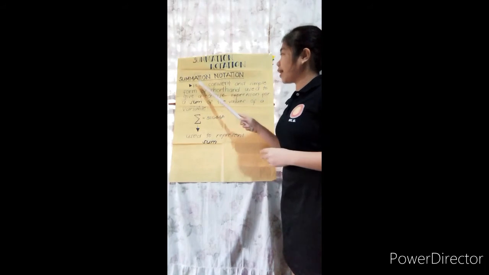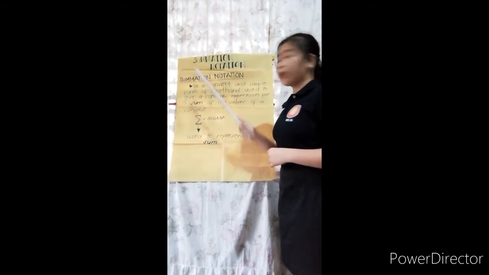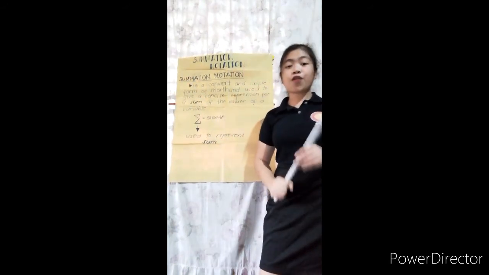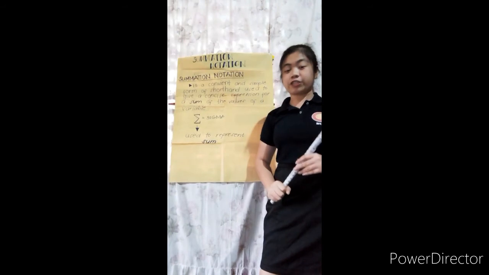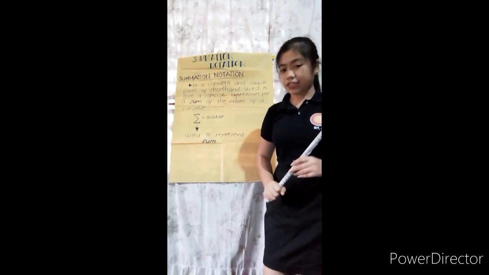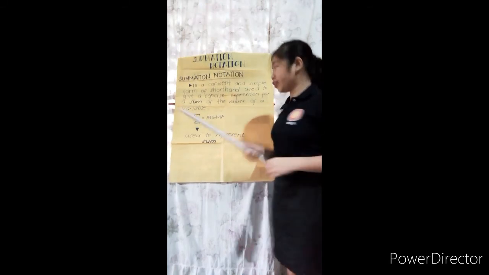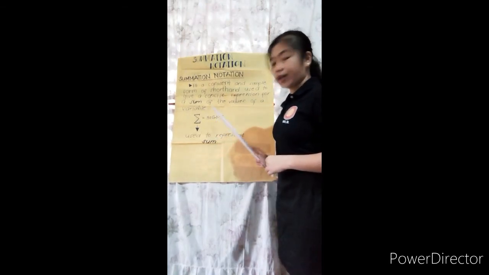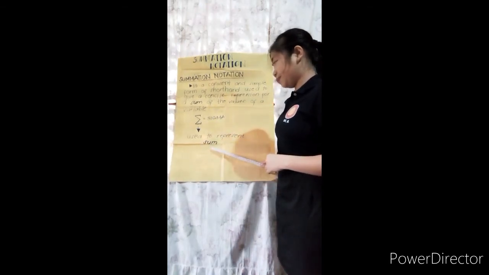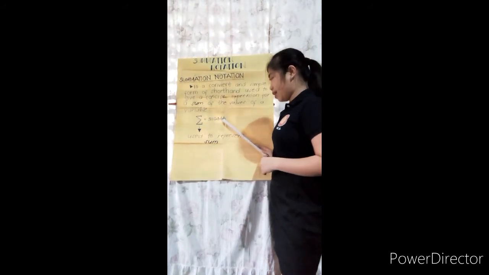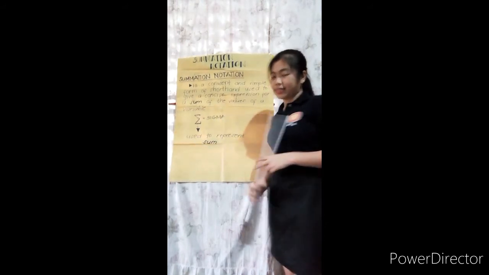Take a look at this term summation, which has the root word of sum, which clearly states that our first or main operation in this topic is addition. In Greek Latin, they use the capital letter sigma to represent a sum.